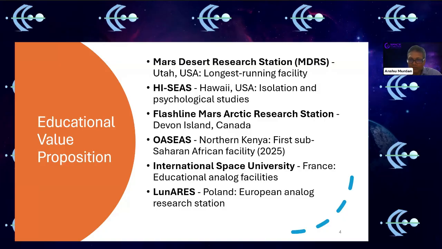We also have the International Space University in France, which integrates activities into academic space studies and promotes interdisciplinary, intercultural collaboration. And you have LunAres in Poland, which supports lunar missions, simulations, and biomedical research. So you see, each of these specializes in a few fields.